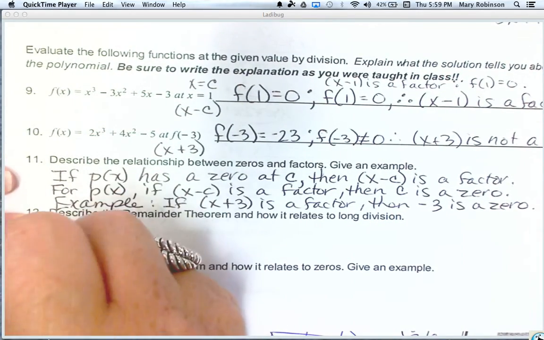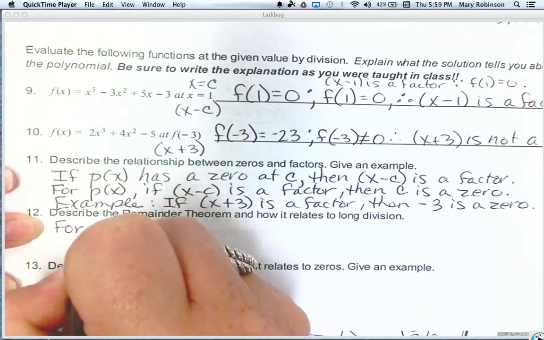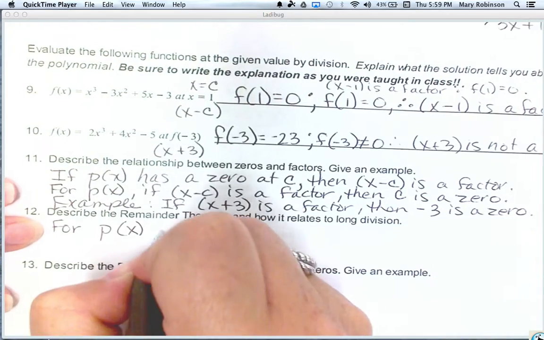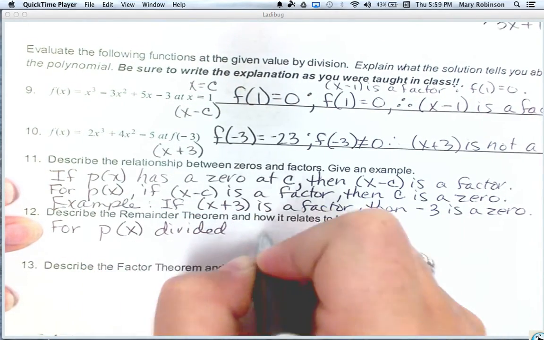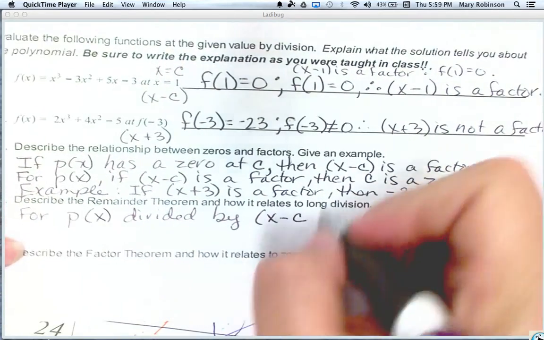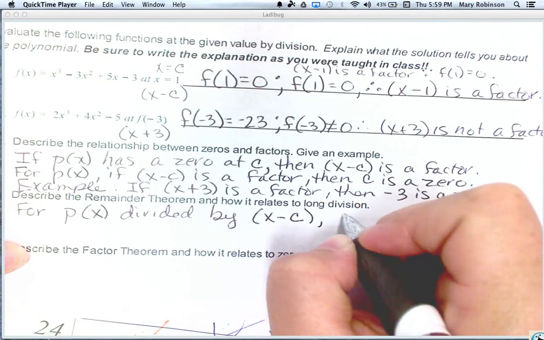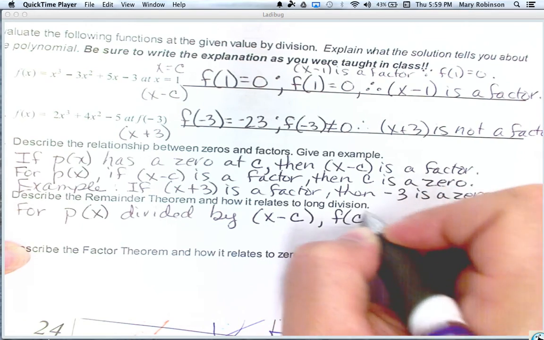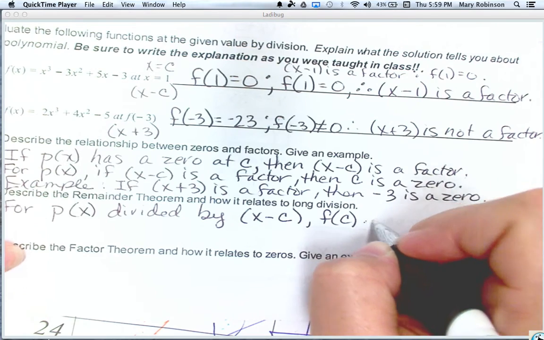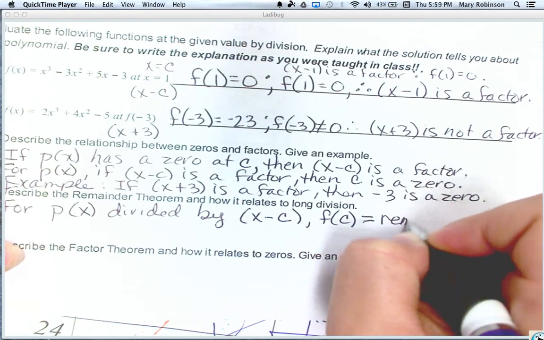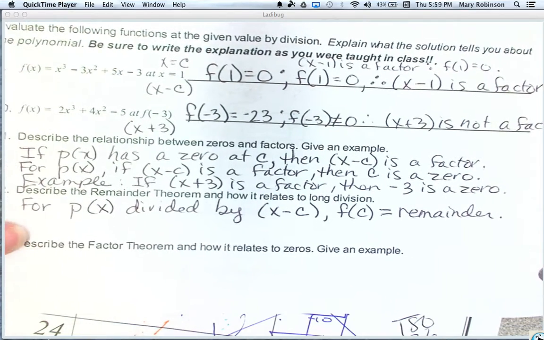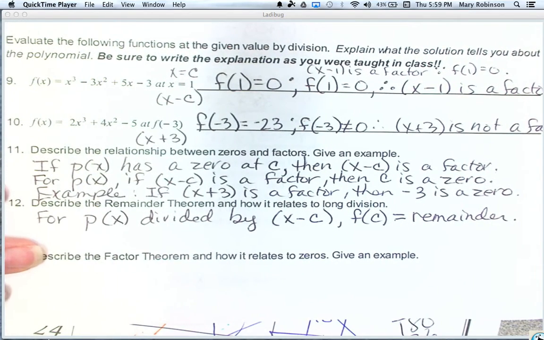The remainder theorem says that for p of x divided by x minus c, f of c equals the remainder. For p of x divided by x minus c, f of c will give us the remainder.